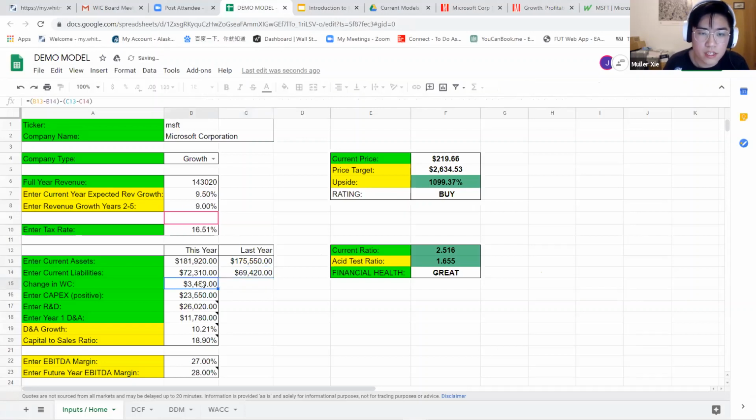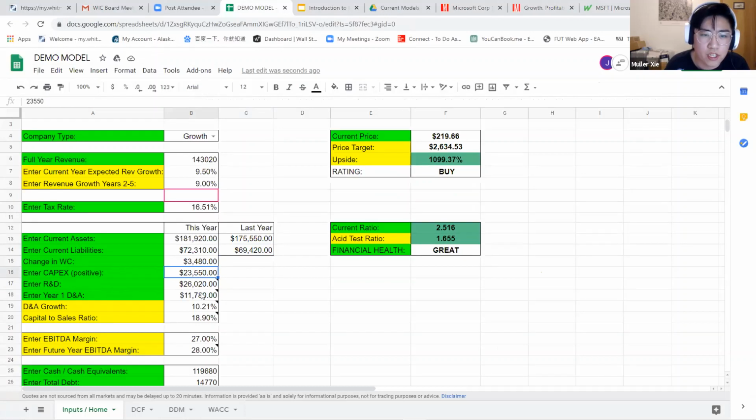Since we have set up our formula, the system will automatically calculate the change in working capital for you. And go to the next one.